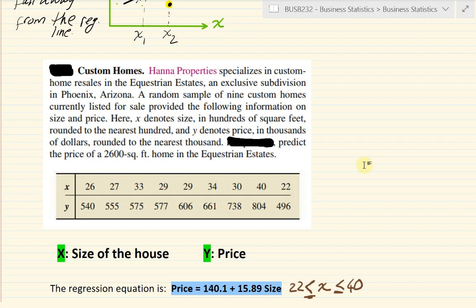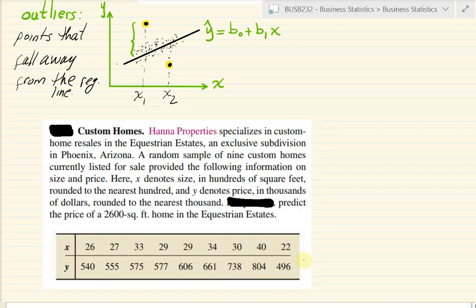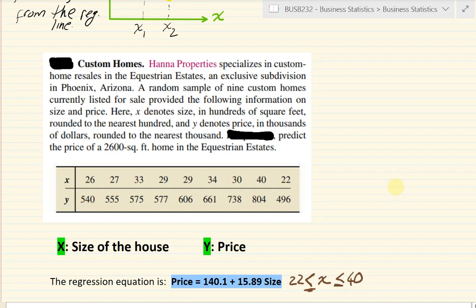So for this exercise, I ran the computer, and the regression equation is given in here. Price is 140.1 plus 15.89 times size. Now, if I translate this into our notation, I'm going to write y hat is equal to, remember, b0 plus b1x.